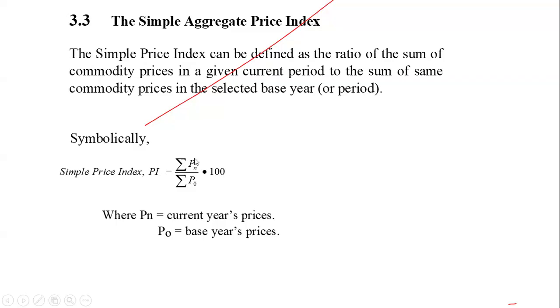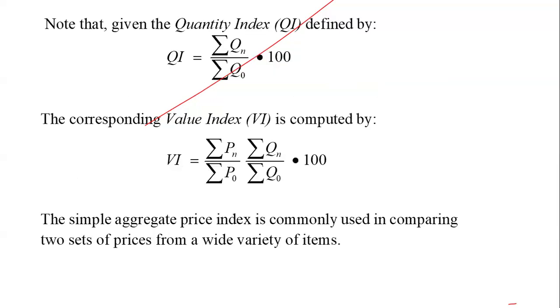By now you should know what Pn and P naught stand for, and what Qn and Q naught stand for. Current year's prices and base year's prices, which is the same as the explanations we gave to the notations before.